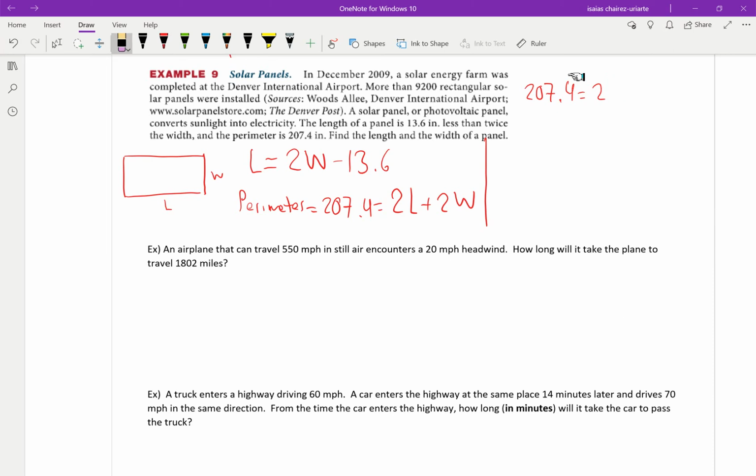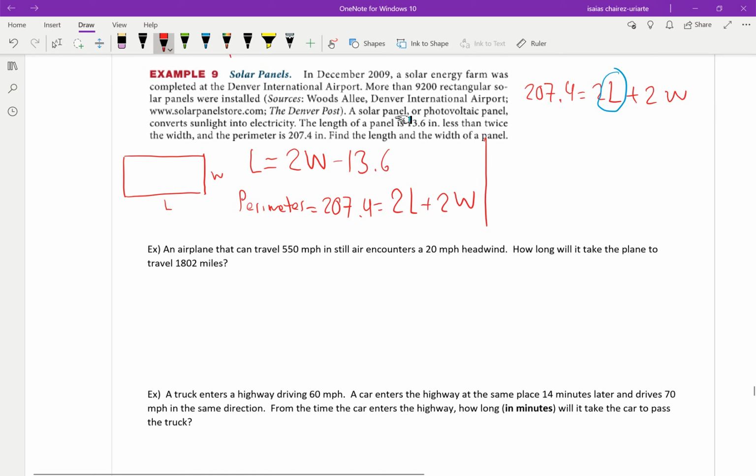All right, so we said we had 207.4 equals 2L plus 2W. And right now we said we were going to replace that L right there with 2W minus 13.6, because that's what L is equal to.